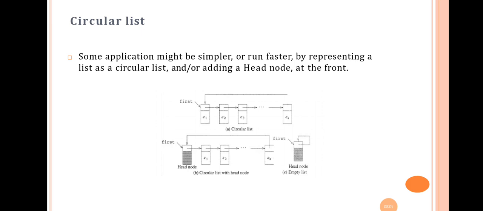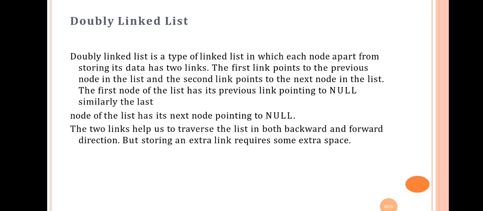The address of the next node is stored in the previous node, and then the last node is also connected with the first node. And the head node will be empty because it does not store any data. Next, doubly linked list.